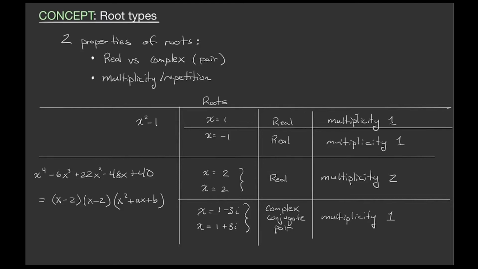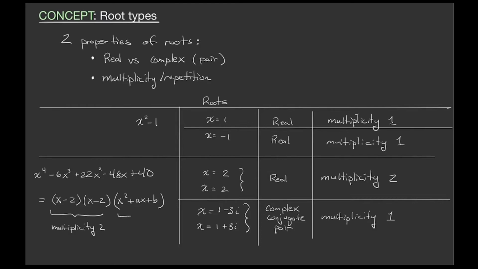I'm not sure offhand what a and b are, but it's not important at this moment. The important thing is that in this factoring, 2 is a root, and it's a root twice because x minus 2 appears 2 times. So this is where we have multiplicity 2.